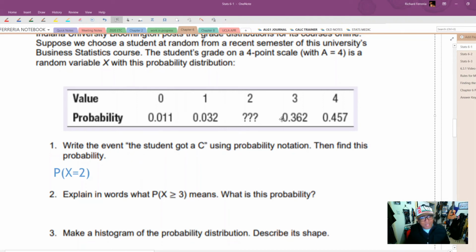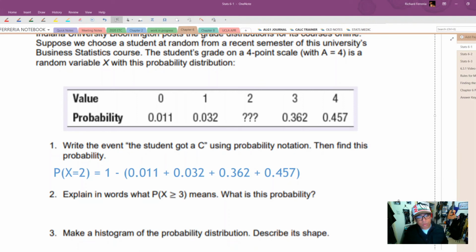To figure this out, you're going to use the property that all of these probabilities have to add up to 1. So we're going to take 1 and subtract from it 0.11 plus 0.032 plus 0.362 plus 0.5457. That gives us 0.138.